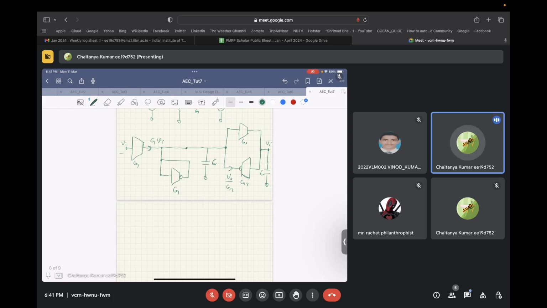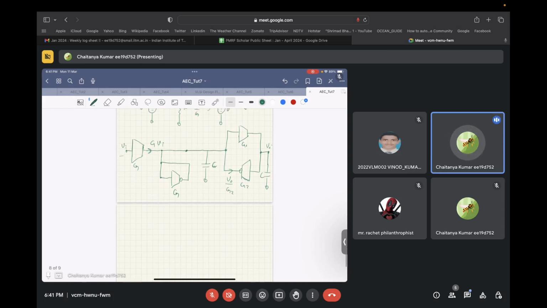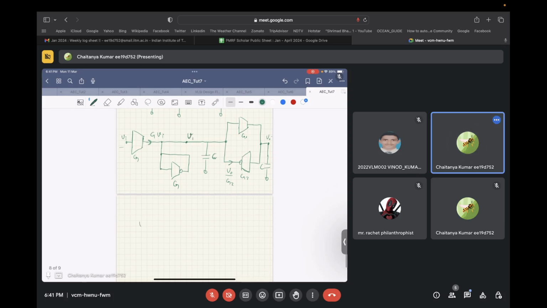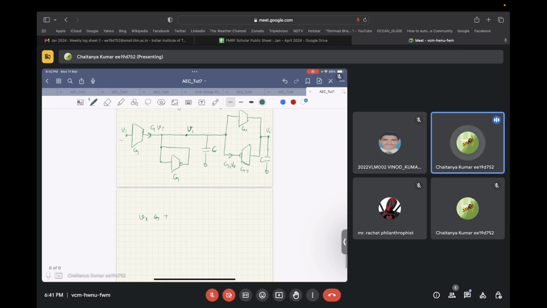So if we try to put KCL at this particular node, let's say the voltage at this node is V1 and this is V naught. So G2 times V naught over here.